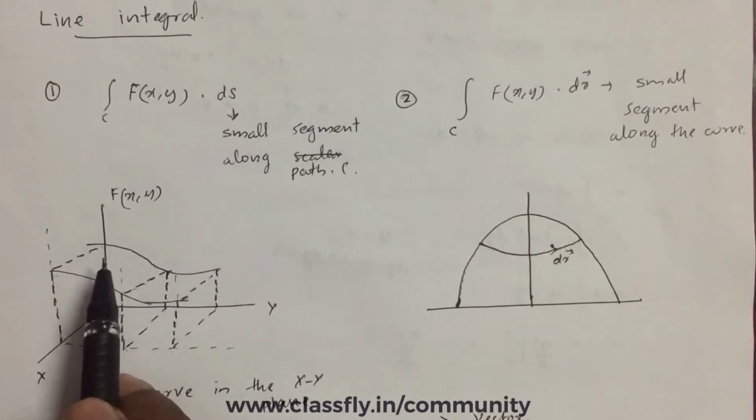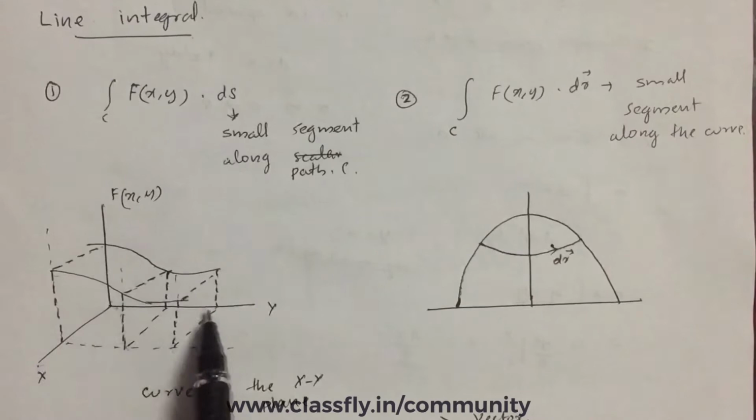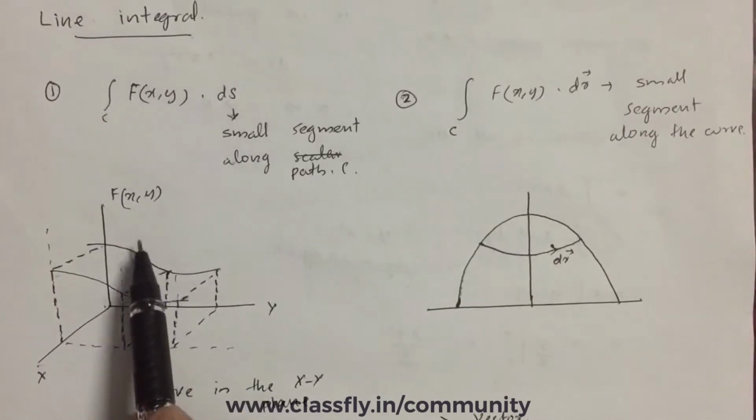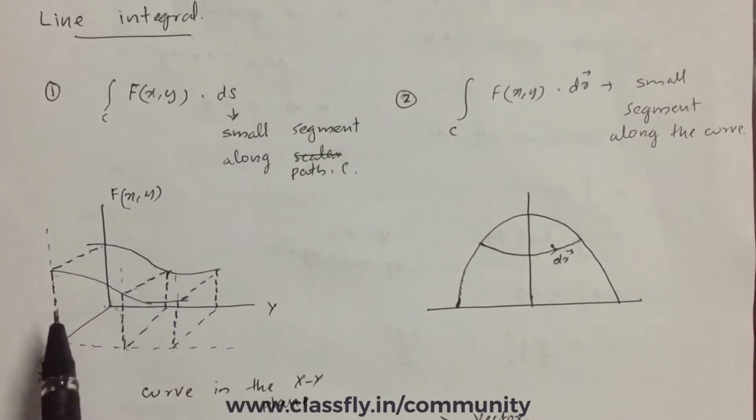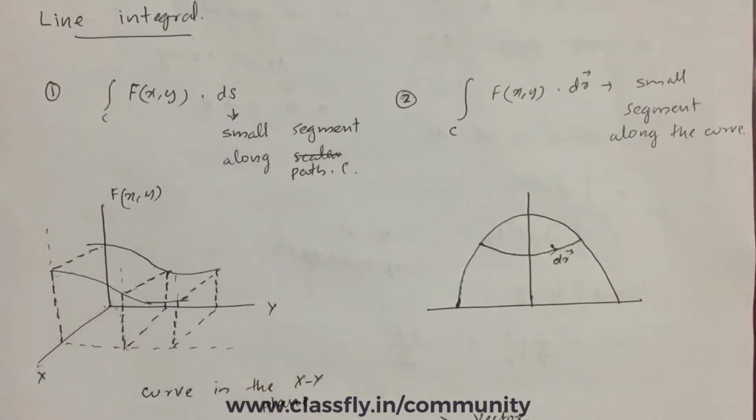And the physical representation is, here you can see this is the x-axis, this is the y-axis, and this is the z-axis, which gives the f(x,y). Consider this plane, and the curve lies in the xy plane.